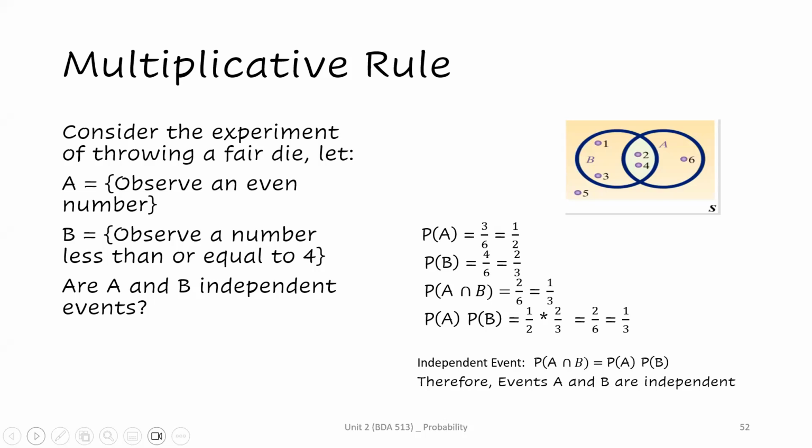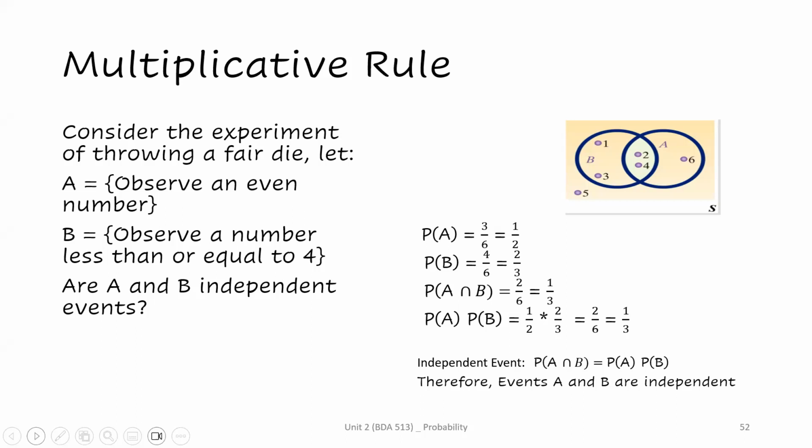Probability of B, there are 4 items, that is 2, 4, 1, 3. So it's 4 over 6. The intersection of A and B, we have 2 items in there, that is 2 and 4. So the probability of the intersection is 2 over 6.